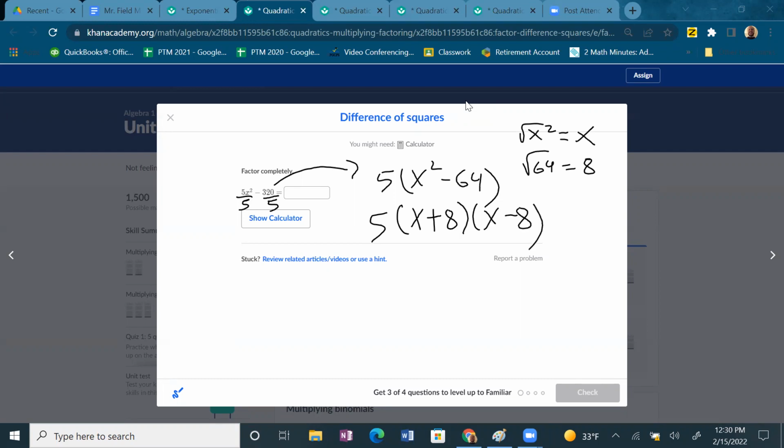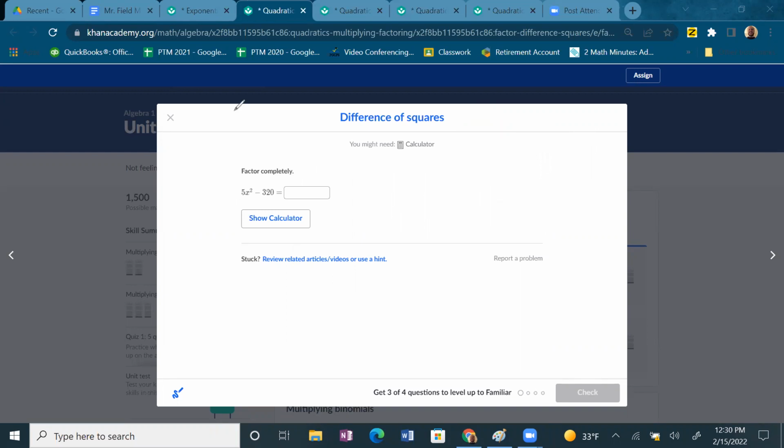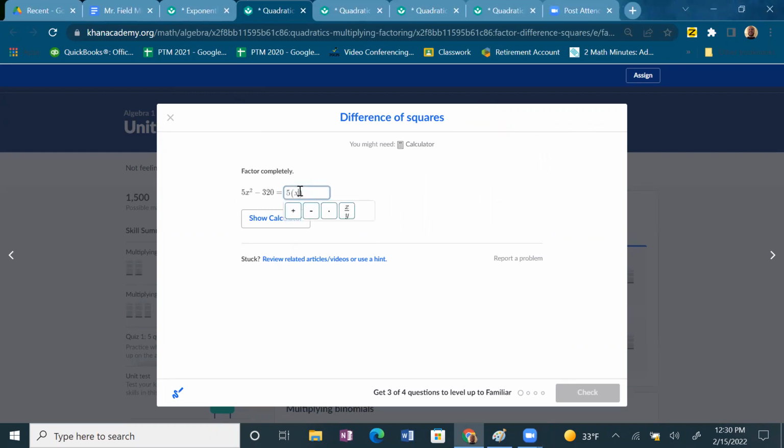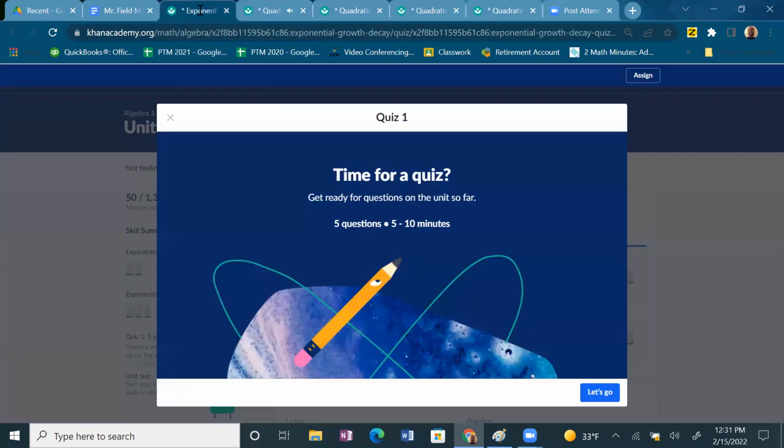We could draw the boxes, you could figure it out, because you would figure out that it would have to add to 0x in the middle. And so it'd work out. But you don't have to draw the boxes because once you recognize that it's the difference of squares, I think the easier thing to do is just to factor it by taking those square roots. x plus 8, x minus 8. All right, just in case you don't believe me.